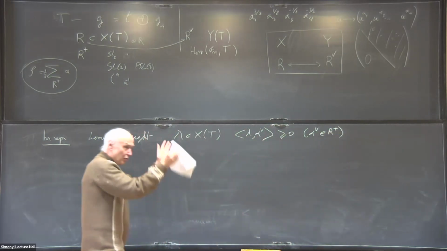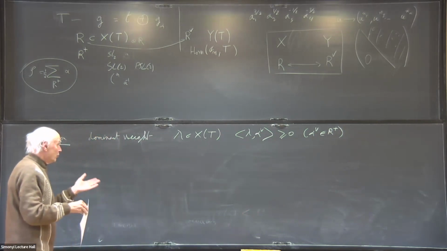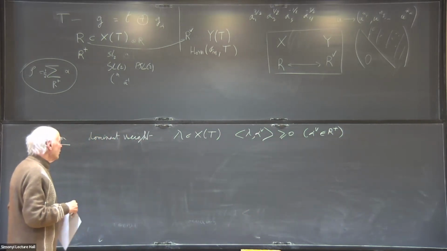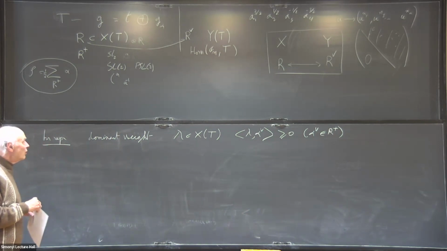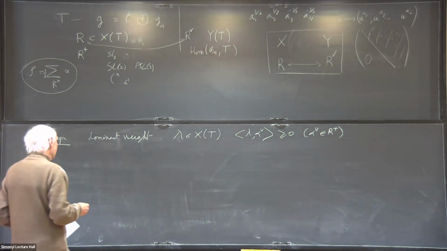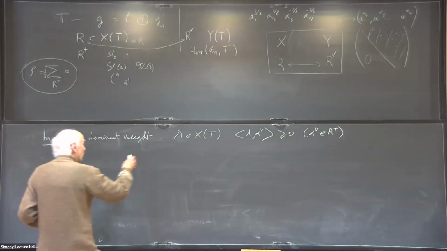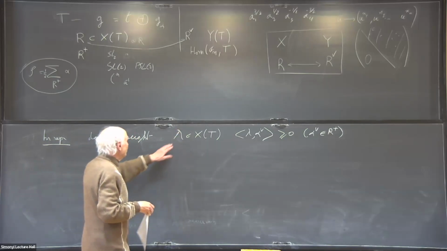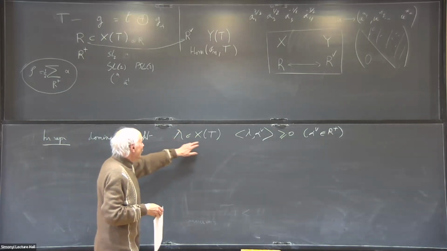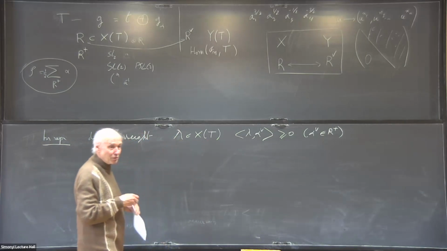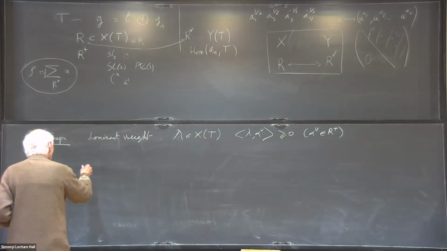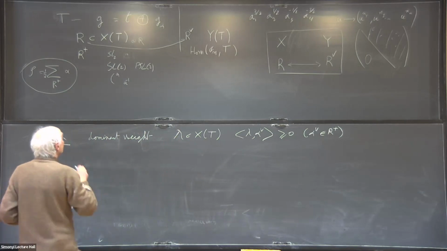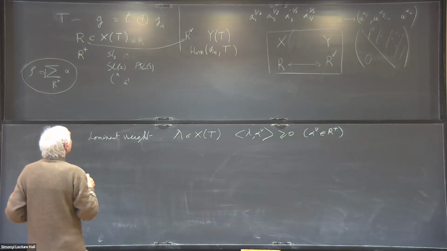So one has a set of weights that classifies the representations. And now I want to give the formula for the value of the character on the torus for a given dominant weight.